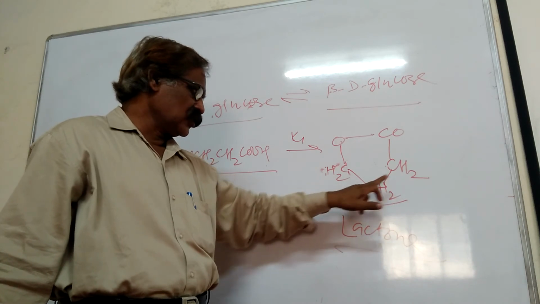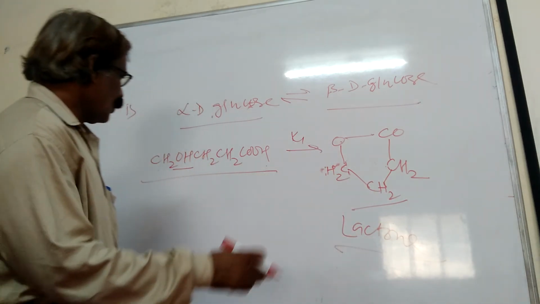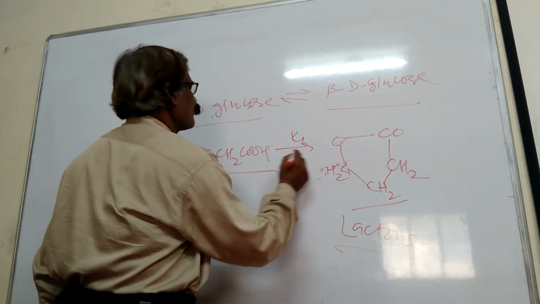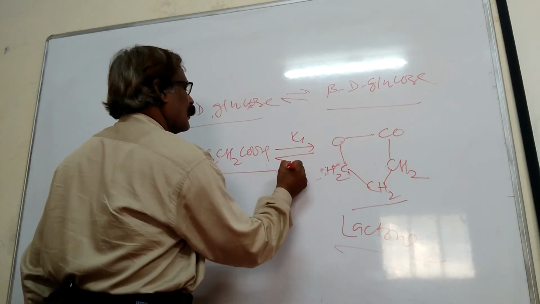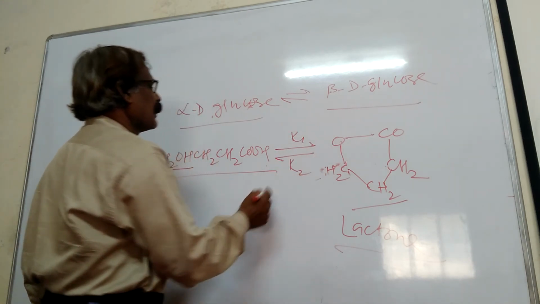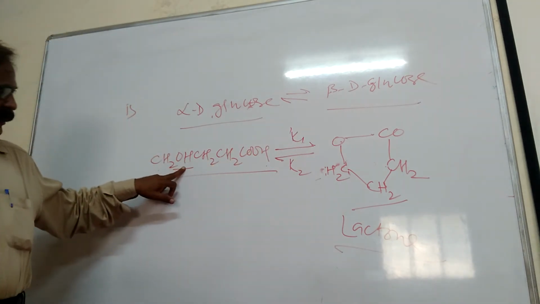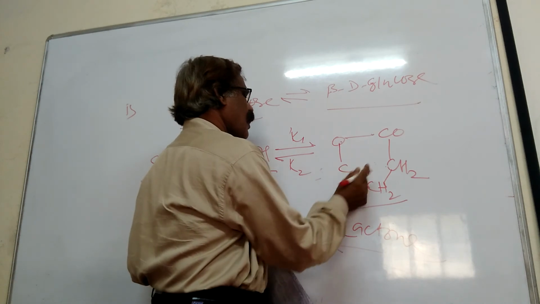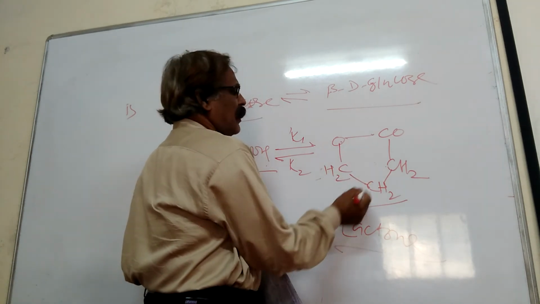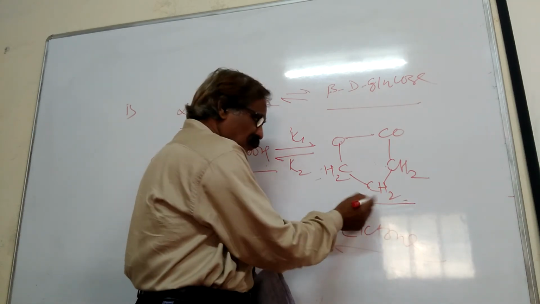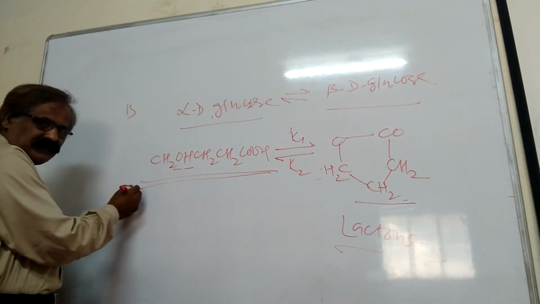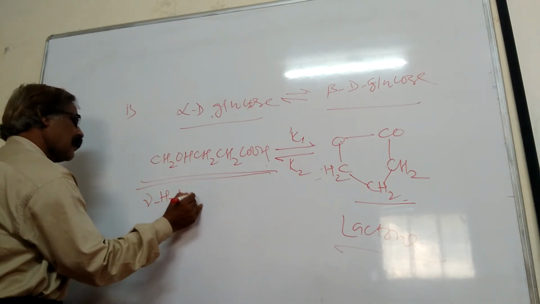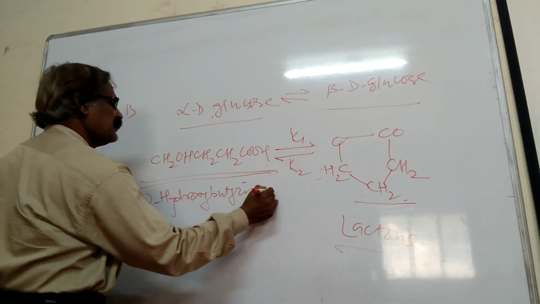So this interconversion, the conversion of gamma hydroxybutyric acid into lactone, and lactone is converted back into the original reactant, gamma hydroxybutyric acid.